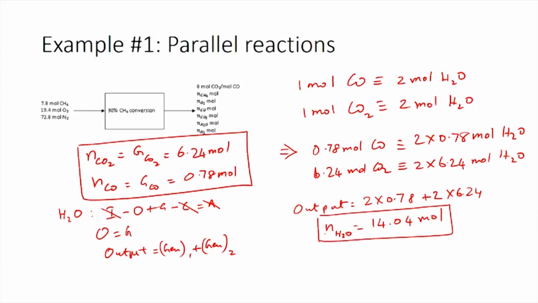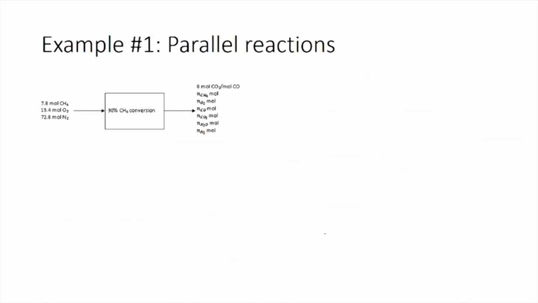So, we still need to calculate the number of moles of oxygen leaving the stream. So, let us write the oxygen balance, starting with input minus output plus generation minus consumption equals accumulation. Oxygen being a reactant is not generated, and it does not accumulate under steady state conditions, giving you input minus output minus consumption equals 0. So, your output is equal to input minus consumption. Oxygen is consumed in both the reactions.